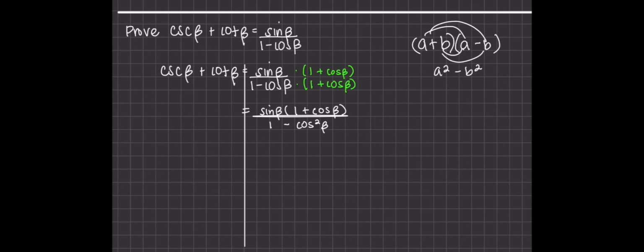So I see the 1 minus cosine beta. We talked about this earlier. It's the Pythagorean identity. So I'm going to go ahead and replace that with sine squared beta and leave the numerator alone.